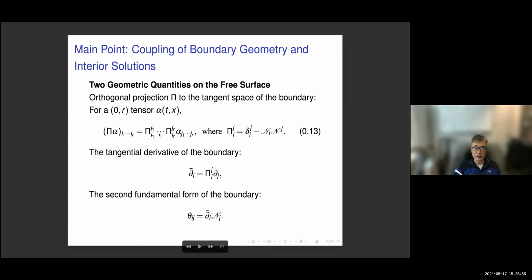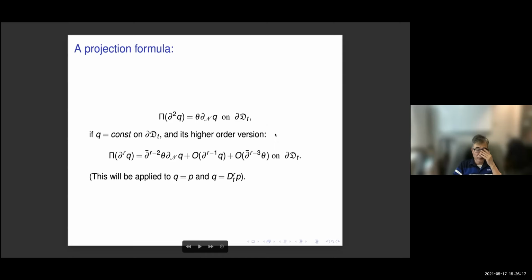The tangential projection is defined like this, using the Euclidean metric: you subtract the normal part. This is an orthogonal projection, and here is the projection formula. I'll come back to this point later.